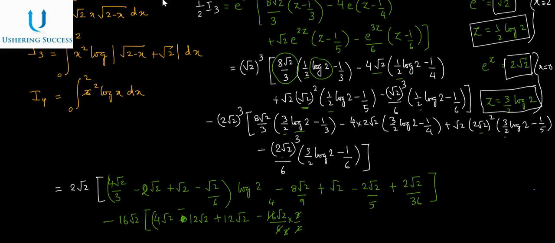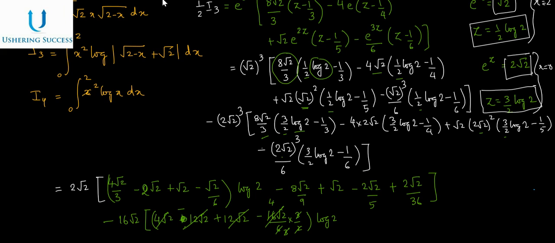So we see that here I get a minus 12 root 2 and a plus 12 root 2 and a 4 root 2 and a minus 4 root 2, so all cancels out, log 2.